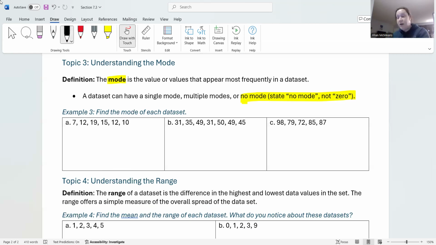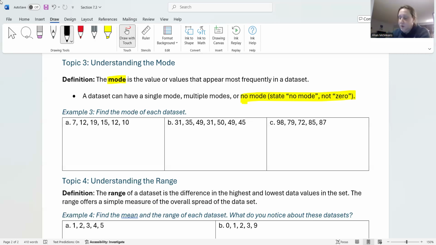Now, you do not have to put your data items in order. Sometimes it can be helpful, because then you can see really clearly if a group of numbers shows up repeatedly and more than everything else. You certainly can put them in order, but it is not a requirement like it is with the median.